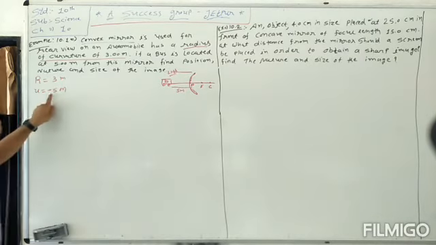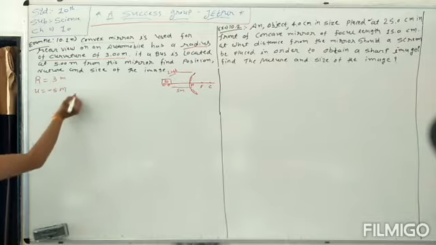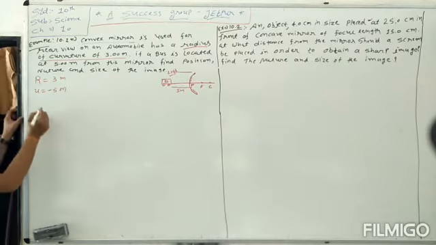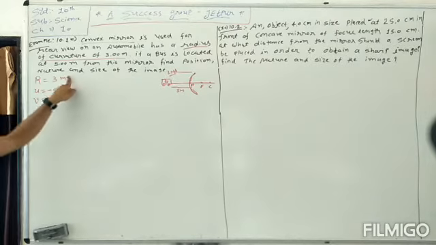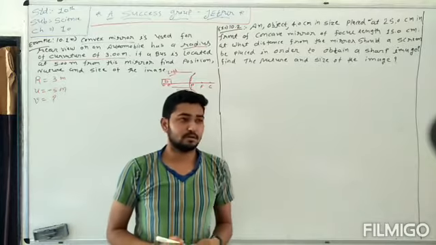Left-hand side, so we put a minus sign. Now we find the position and nature of the image. Image distance is unknown. The magnification will be helpful for finding the nature.